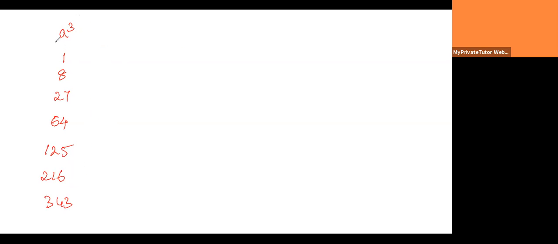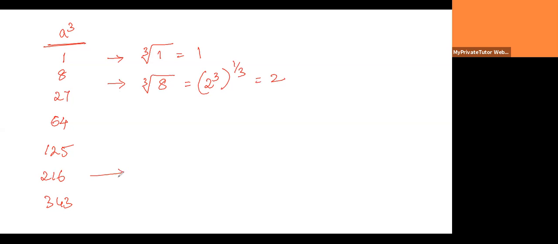If you find the cube root of this number, we'll get a back. So cube root of 1 is 1. Cube root of 8 is 2. Just use the formula if you have any doubts: 2 cube to the power 1 by 3, we'll get 2. Similarly for 3 cube and everything.